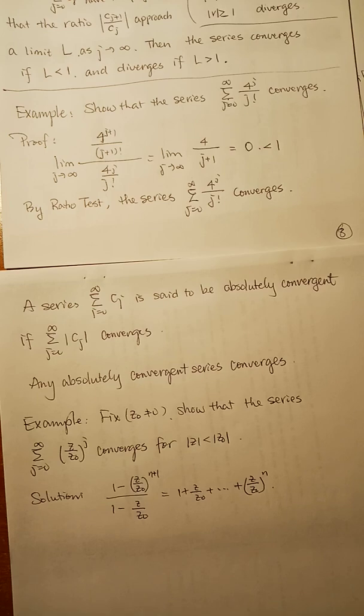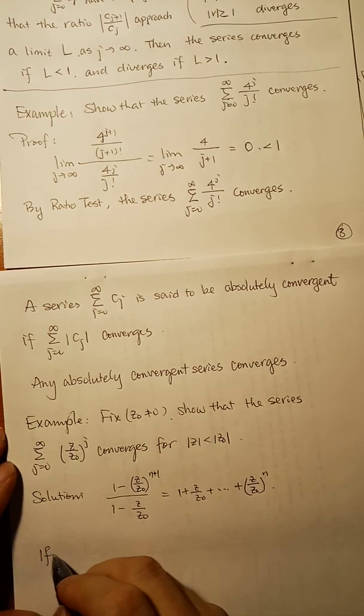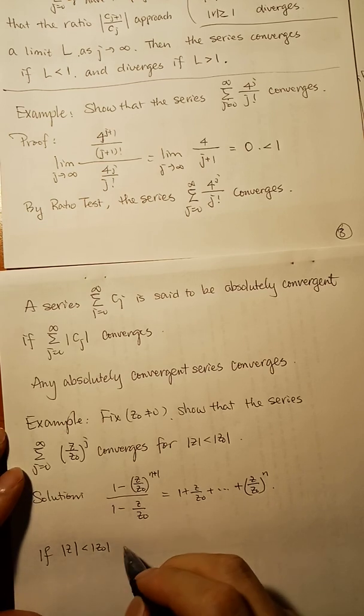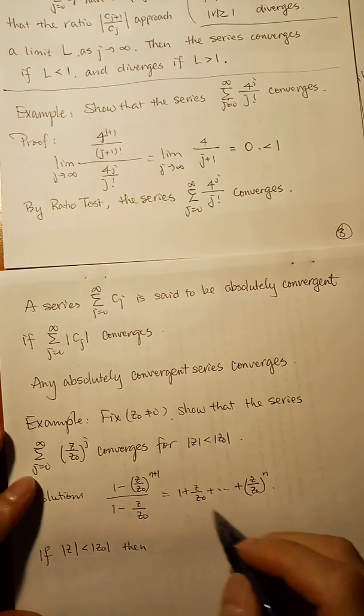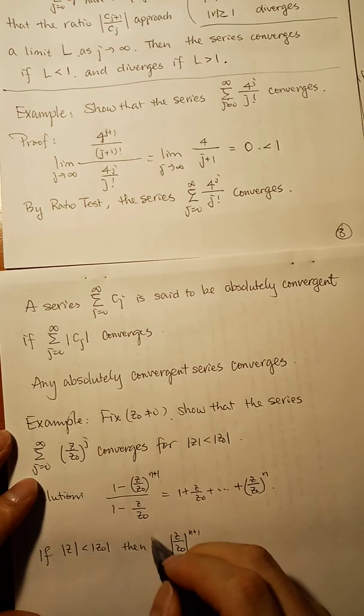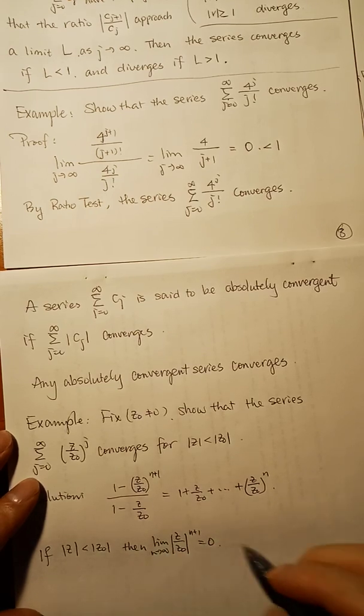What is the purpose of this? We know that if absolute value of z is less than absolute value of z0, then z over z0 to the n plus 1's power, as n approaches infinity, will become 0.